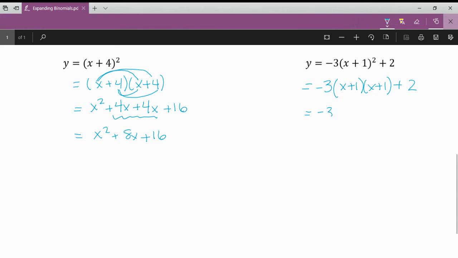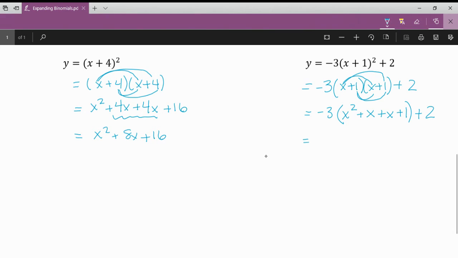So I would leave that -3 outside and use FOIL to expand my brackets. I have x times x, which is x squared, x times 1, which is just positive x, 1 times x, same thing, positive x, and then 1 times 1, which is 1. That plus 2 is hanging out on the end.